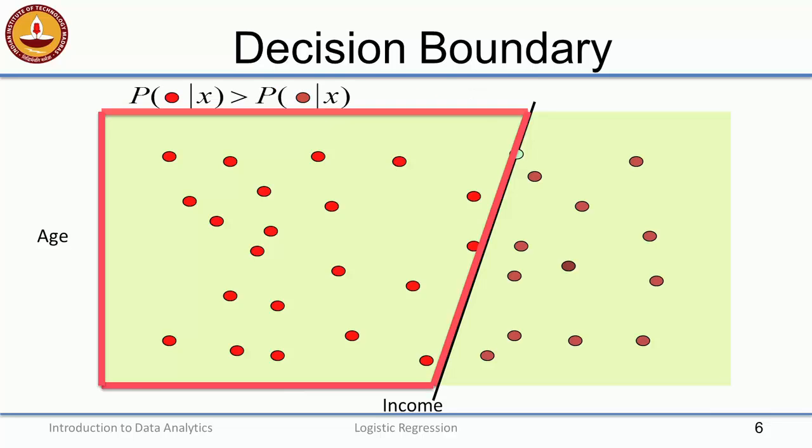So, what does it tell us about the points that lie to one side of the boundary? Those are the points where the probability that the person will not buy a computer, in this case, is higher than the probability that he will buy a computer. So, one way of thinking about the decision boundary is that it models all the points where both the classes are equally likely or equally probable to occur.